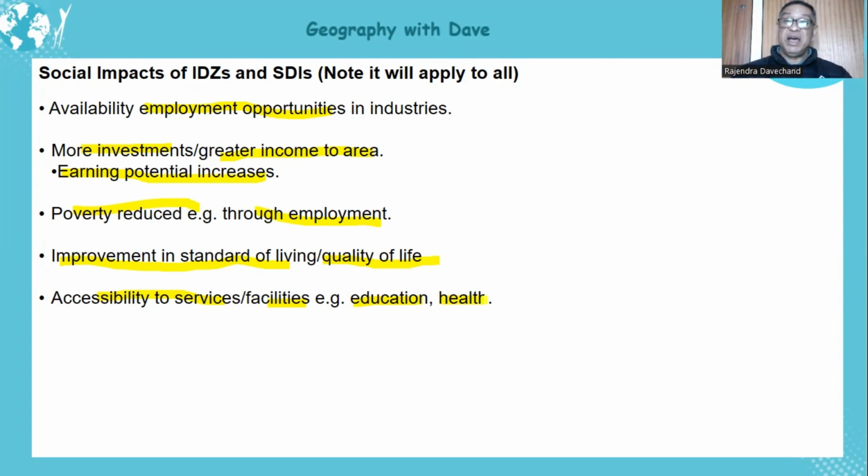There could be a beautiful hospital nearby, but if people don't have money, maybe if it's a private hospital or an education center, they can't afford to go there, so it's not accessible to them. So accessibility is having it available and being able to afford to go to it, having the money, being employed.